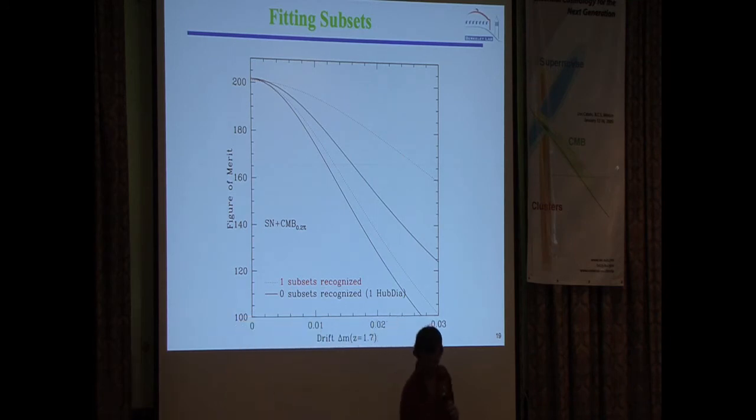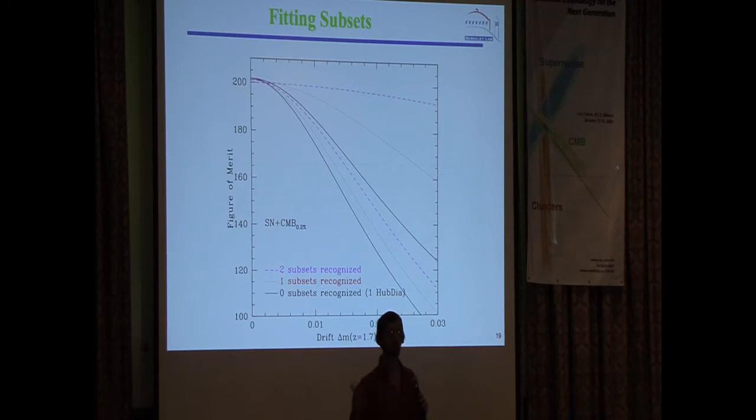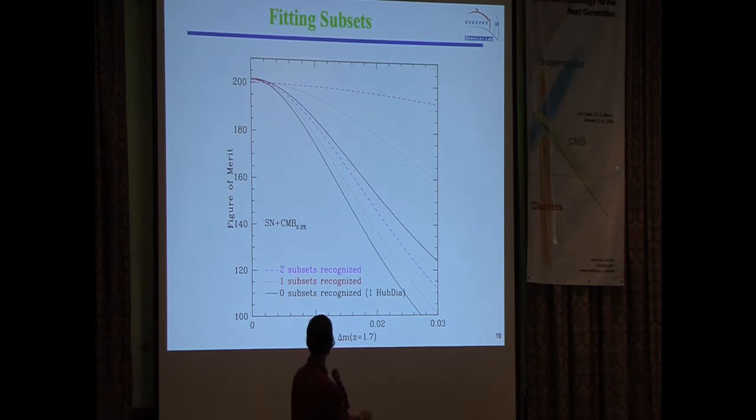Suppose your observations get a bit better. You can recognize the two discrepant sets. Then again, you get an improvement. In particular, if you recognize the two most discrepant sets, that's the top line. And the bottom line is the two sets that deviate least from the average.